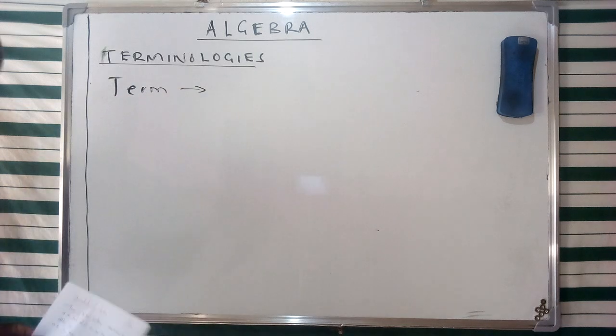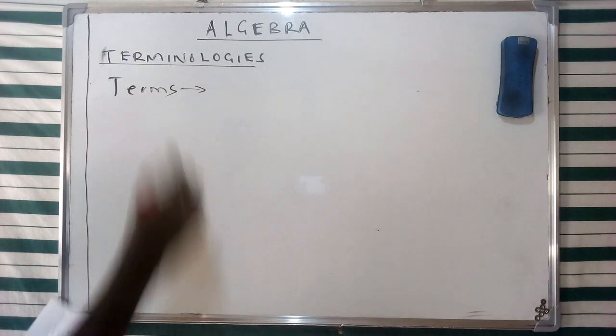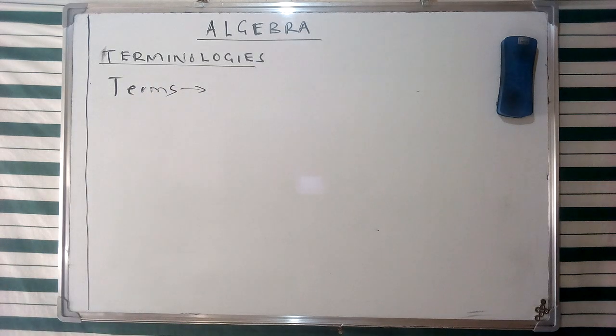Whenever we talk about a term or terms in algebra, these constitute any of its parts which are or may be connected by the signs of operations or the signs of addition.